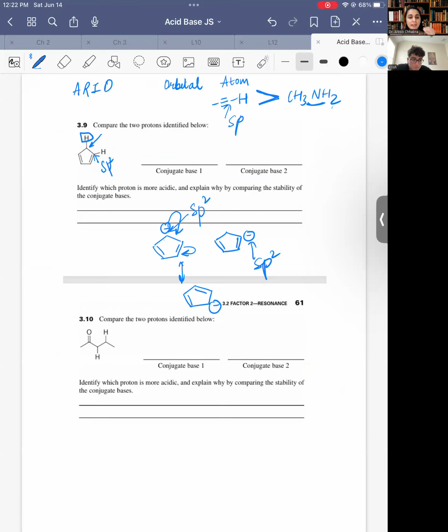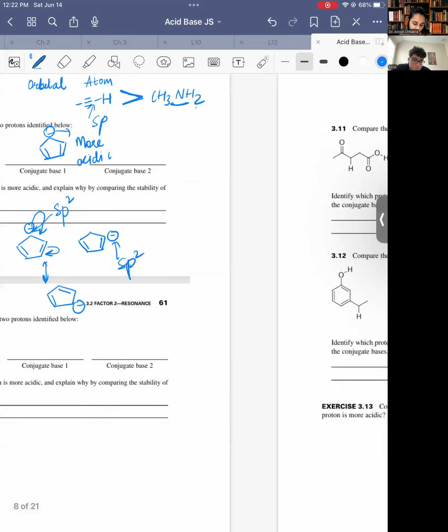So we're not really comparing on hybridization because they're the same, and now we're only comparing on the basis of resonance. The one up top can undergo resonance, so that one is the more acidic proton. All right, I think you can do the next one for sure.